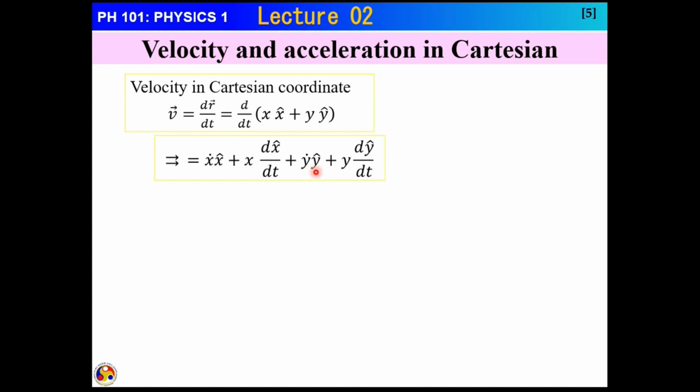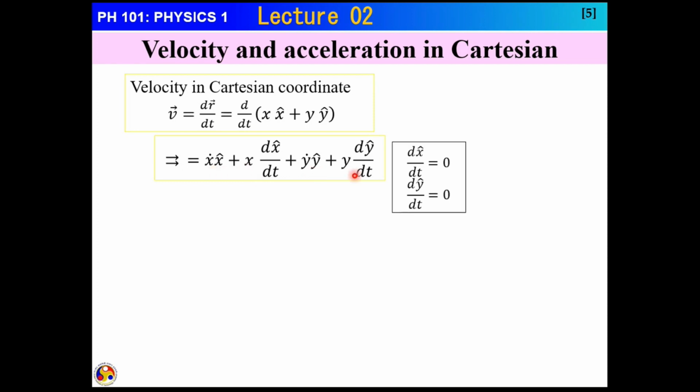We are using the same rule: differentiation of the first function into the second function plus the first function into the differentiation of the second. So we get these four terms.